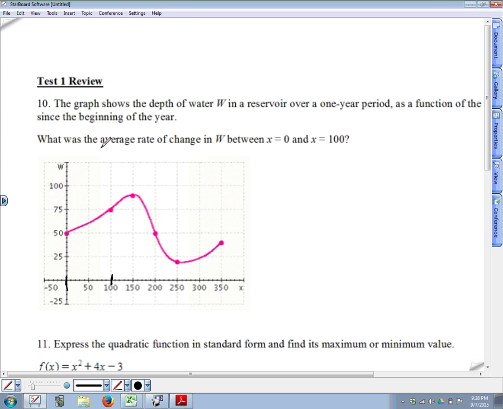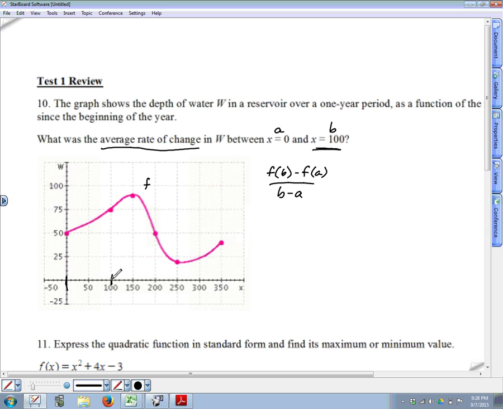Well, since it's an average rate of change, it's still the same formula, f of b minus f of a all over b minus a, and here we have a and b, and we can call this the function f here. So f of b would be the value of the function f when x equals 100.